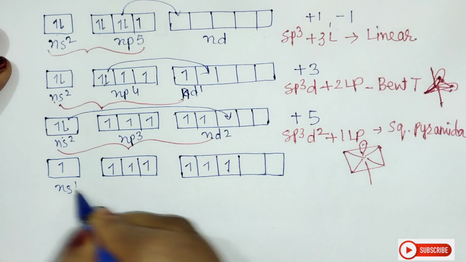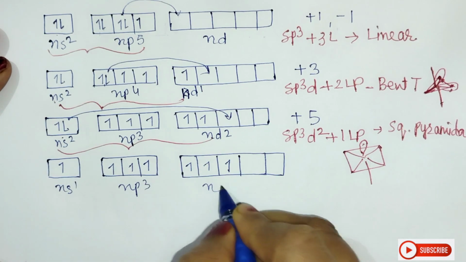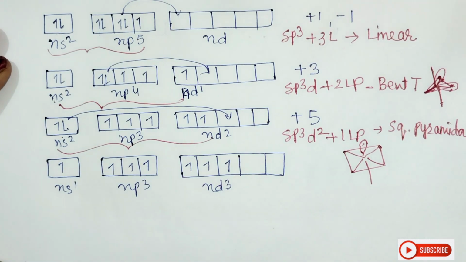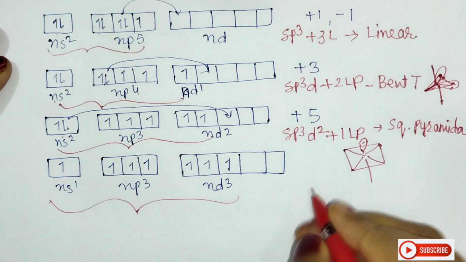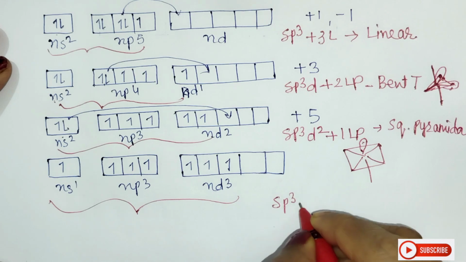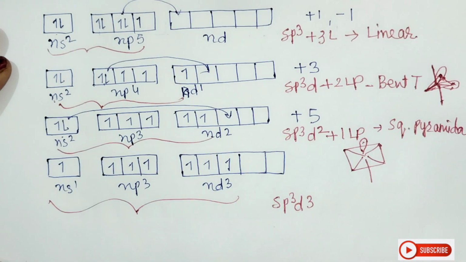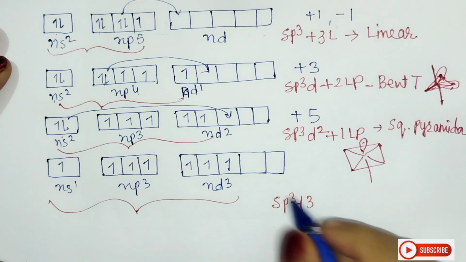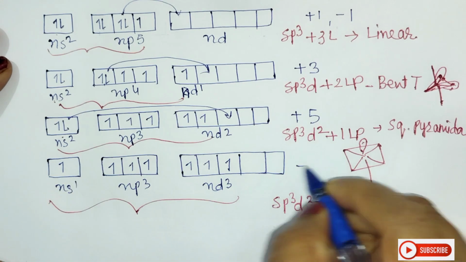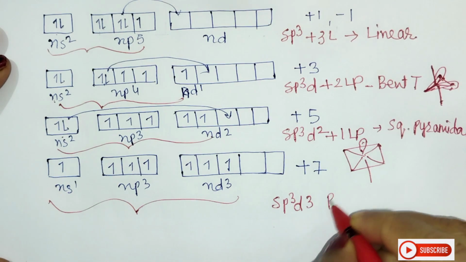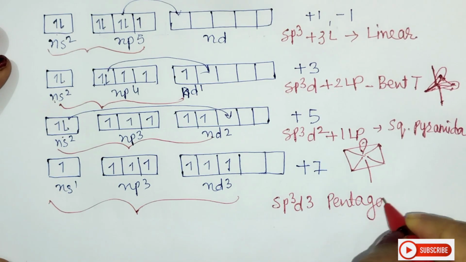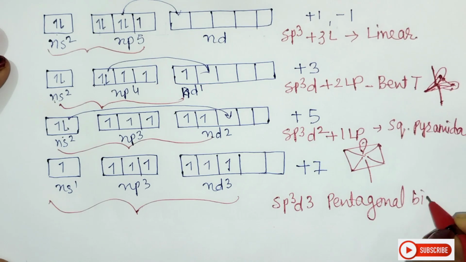This will be ns1, np3 and nd3. So what type of hybridization will it undergo, students? It will undergo sp3d3 hybridization. And what will be the expected oxidation state here? It will be +7. What will be the geometry here? Regular geometry will be pentagonal bipyramidal.